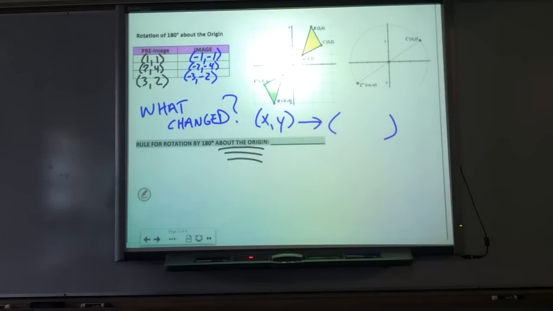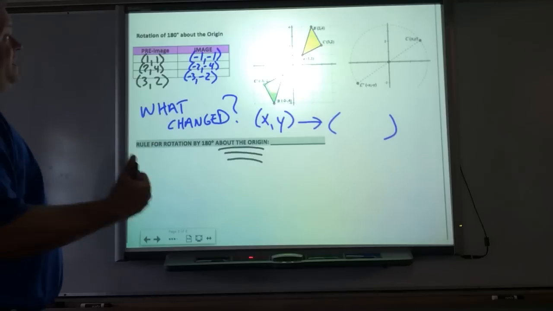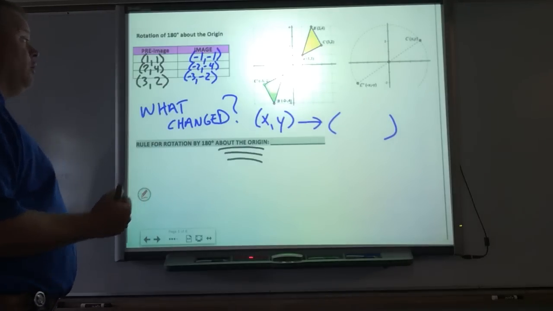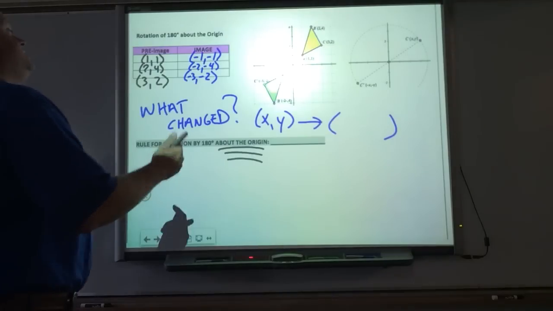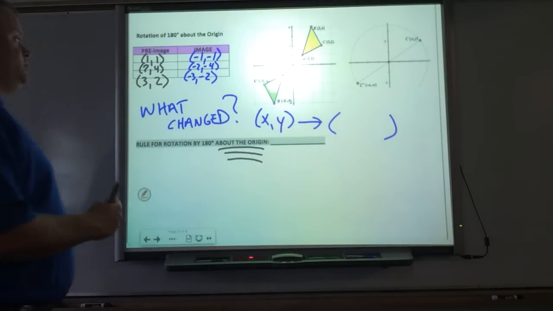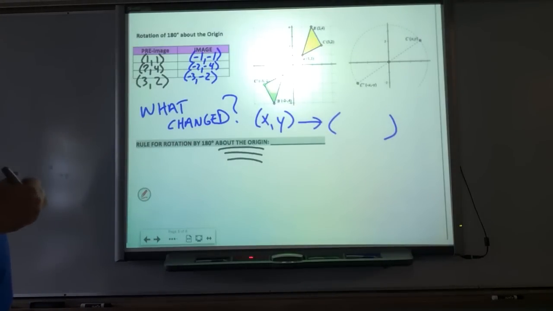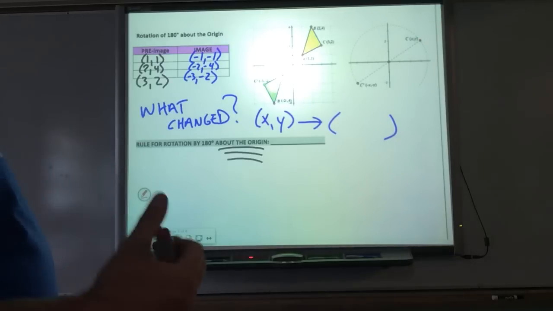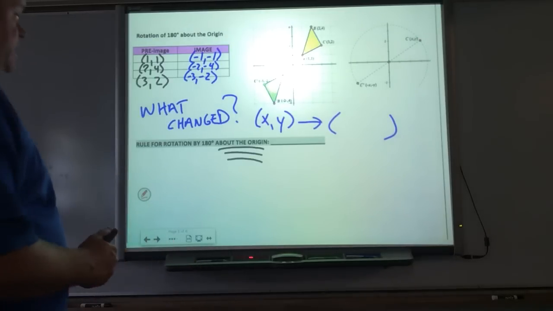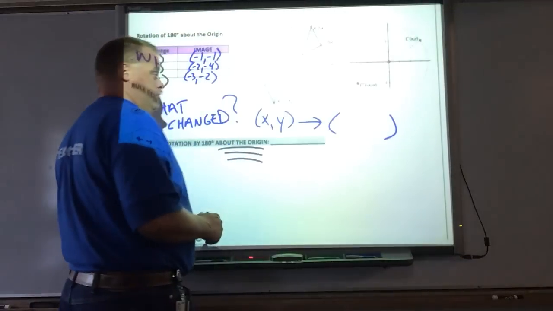Well, my pre-image point B is at 2, 4. My image is at -2, -4. That's pretty good evidence to say that I'm just adding the negative. But let's check the third point. The third point's at 3, 2. It is a -3, -2. So my thesis, my hypothesis, my idea is that I'm just adding a negative when I'm going by 180 degrees.